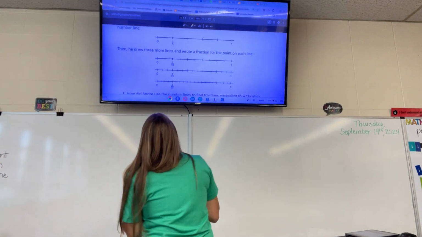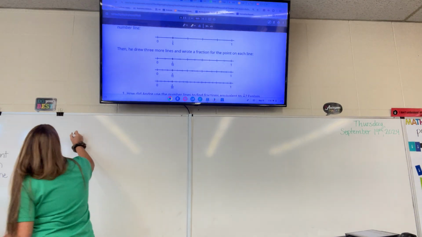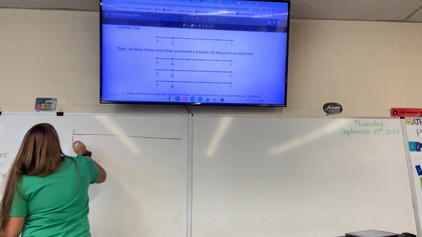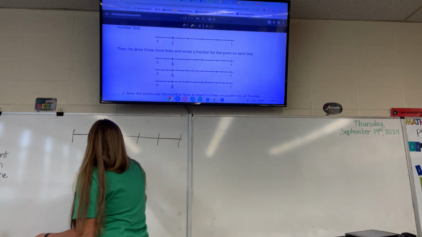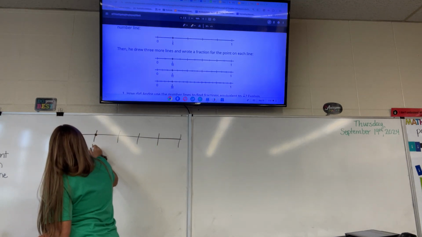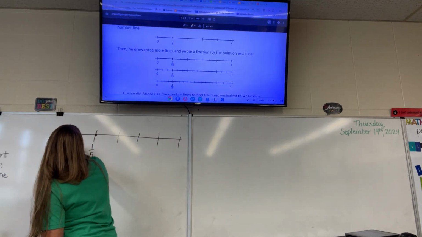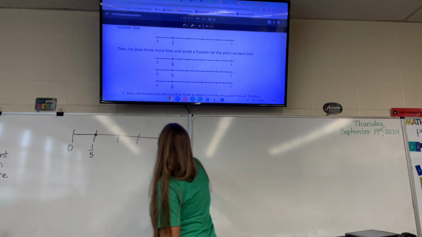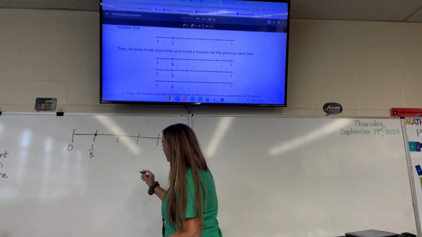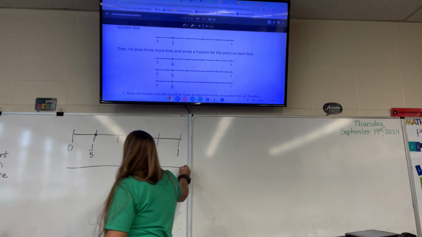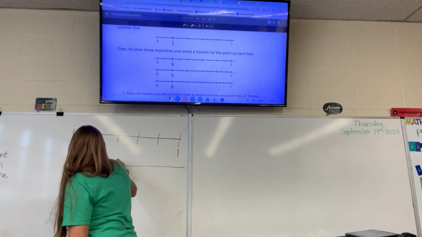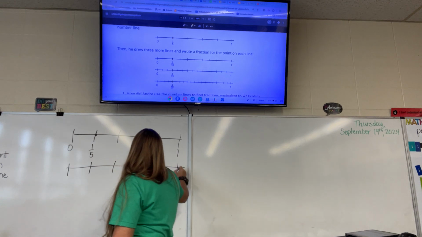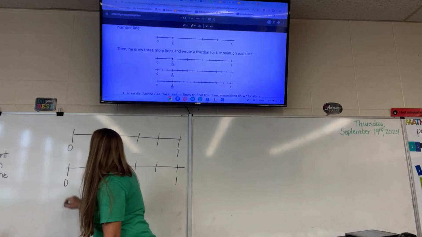So, this is what he did. He made his number line that had 5 sections. And then he found 1/5, right? So this is 0, 1, 2, and this is 1 whole. And then he made another number line that was the exact same size. 1 here, 0 here.